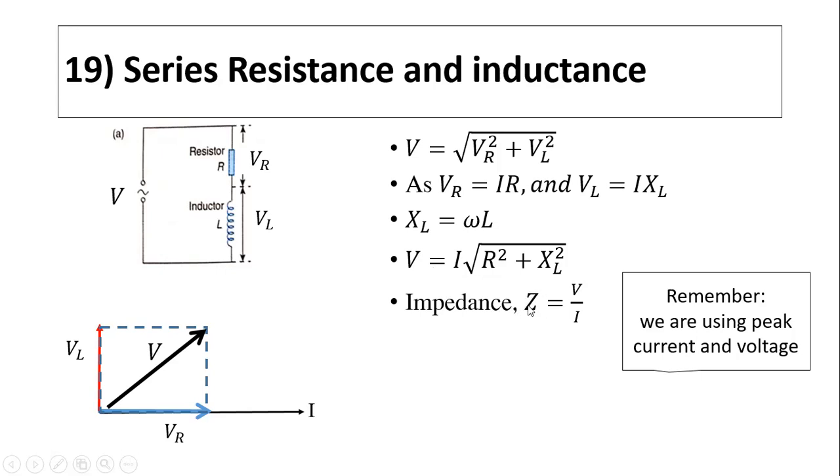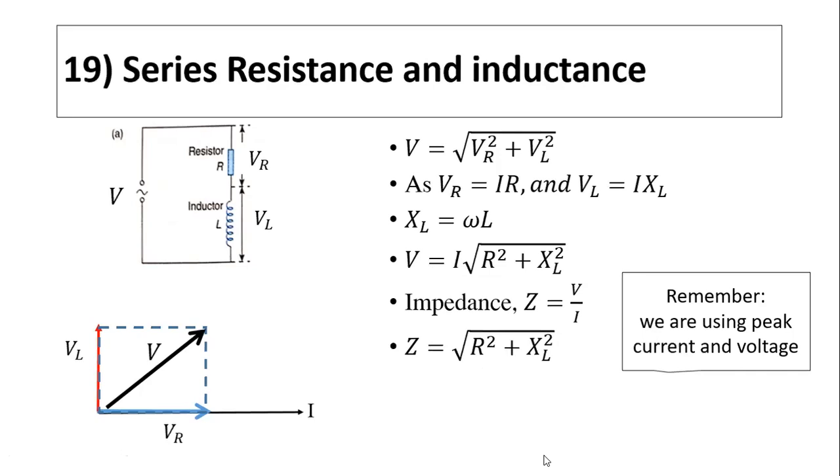Your Z, your impedance, is V over I. So we get Z is the square root of R squared plus XL squared. Stop me if I'm going too fast.